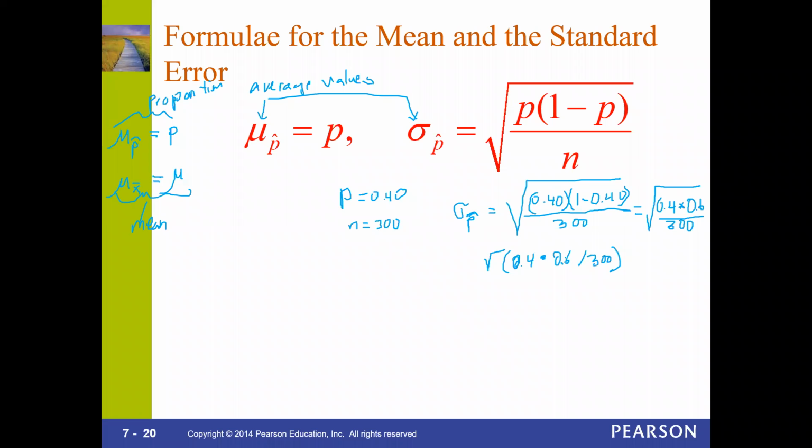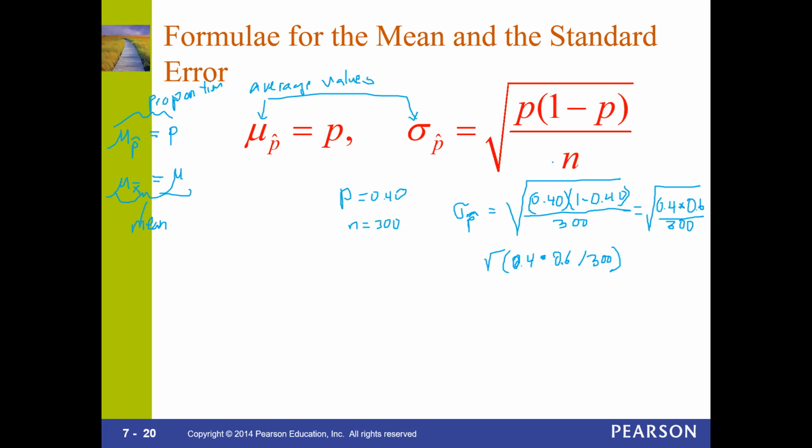If you have a calculator, we're going to check that as well. I'm going to do the square root of, on my scientific calculator, 0.4 times 0.6 divided by 300, close parentheses.